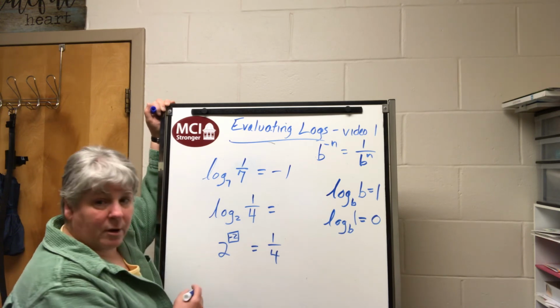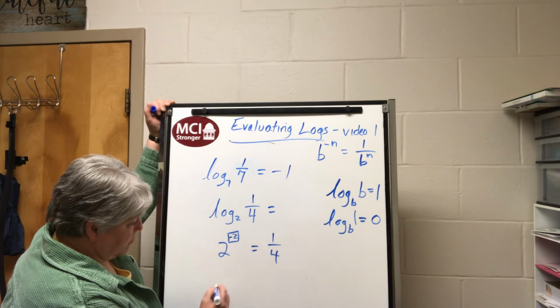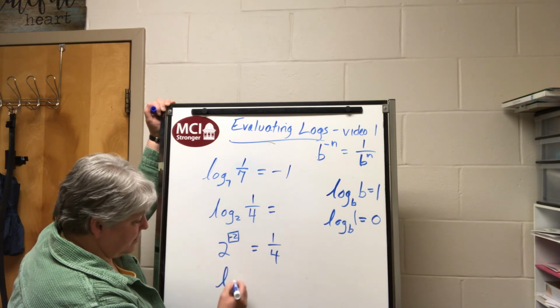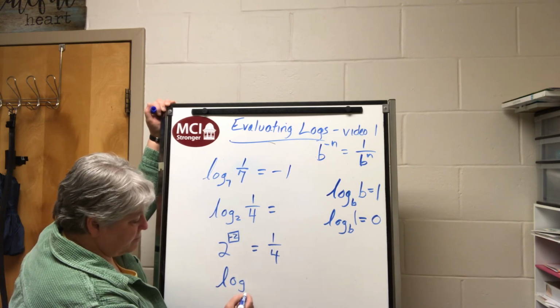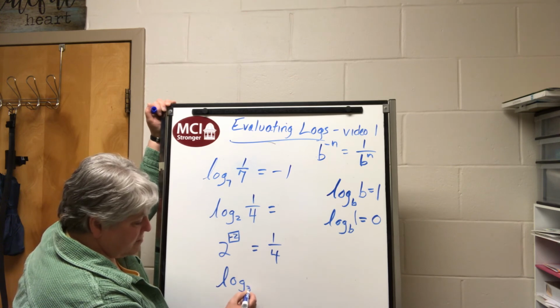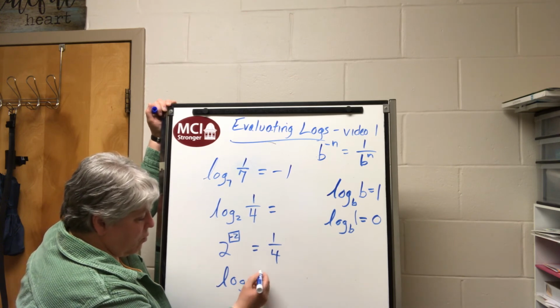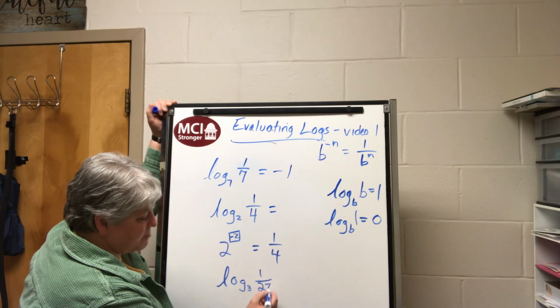So let's try another one on your own here. What would the log to base 3 of 1 over 27 be?